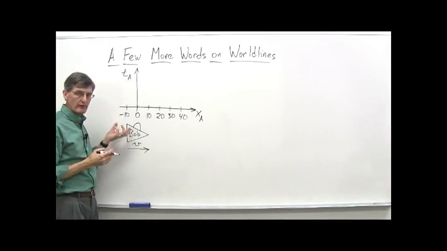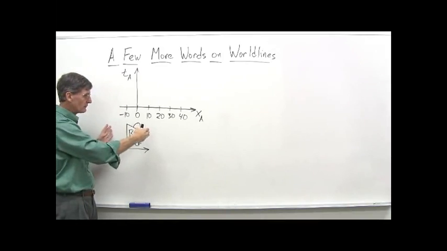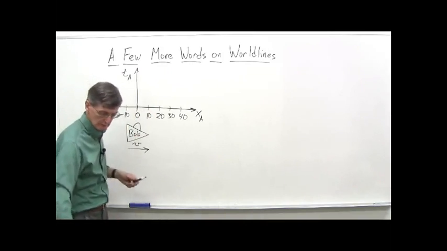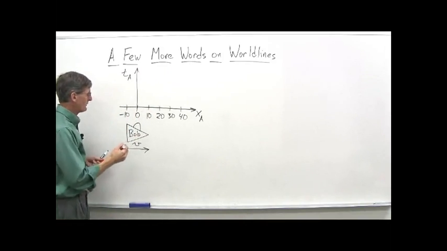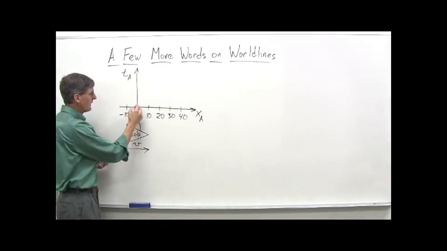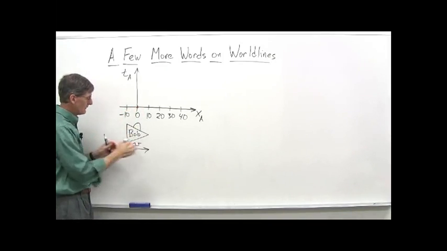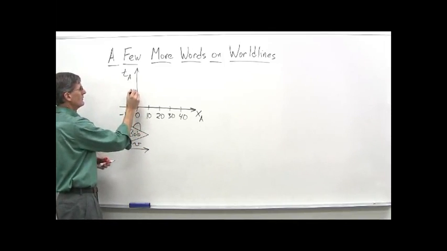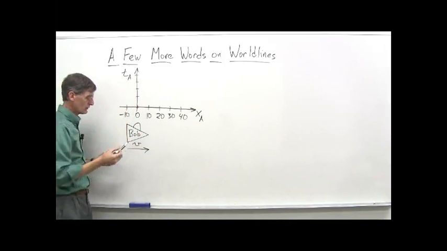And what would Bob's ship look like, this extended object? What would that look like on her space-time diagram? Well, clearly, we'll use our red again. At the beginning, if we were to plot just Bob in his cockpit at time t equals 0, it's right there. Then let's put some tick marks here for time.